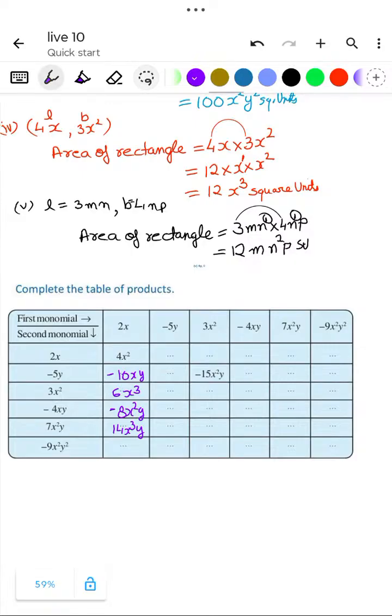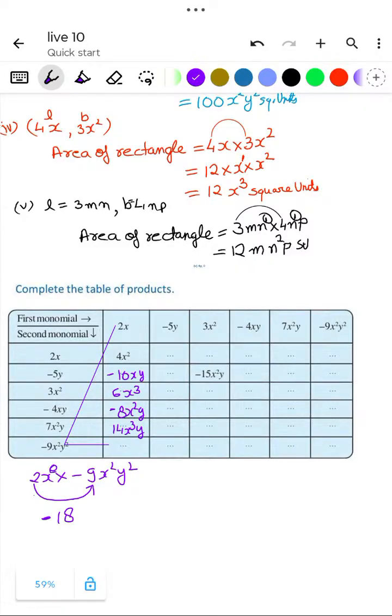Now last in this column is 2x and negative 9x square y square. So 2 times negative 9 will be negative 18.